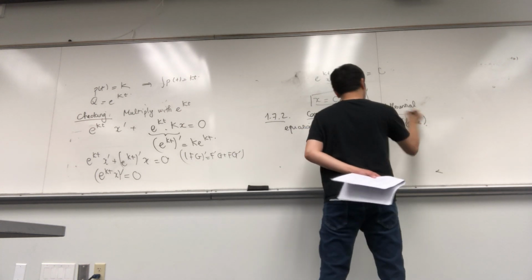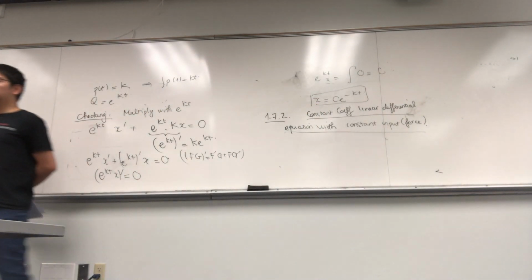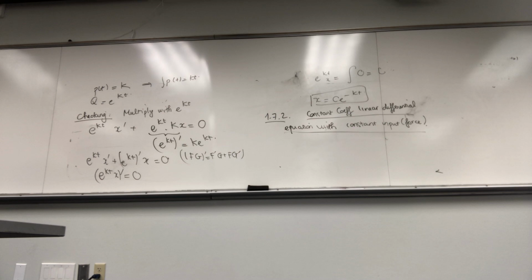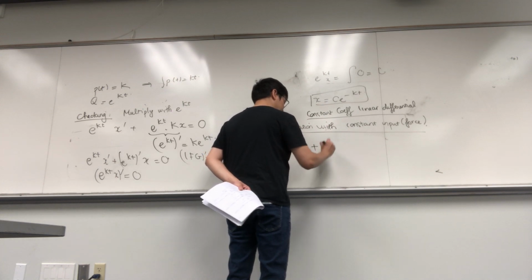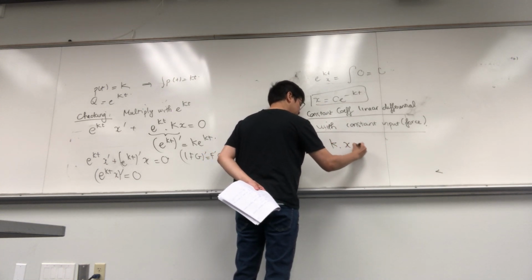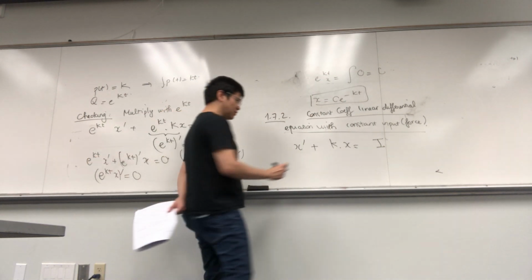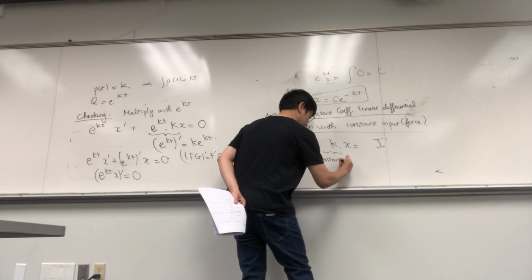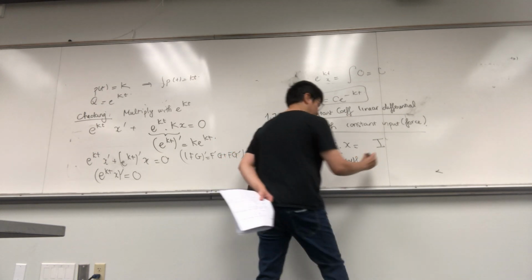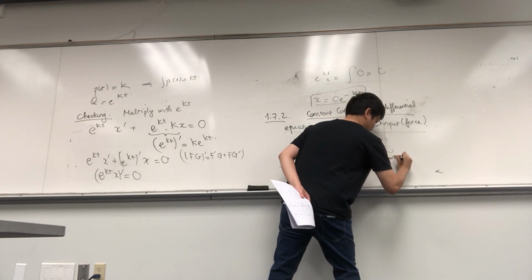Now we have a constant coefficient linear differential equation, but the input is a constant, and the force is a constant. We're going to have this form: x prime plus k times x is equal to I. Right? So this is the constant coefficient, and this is the constant input or force.